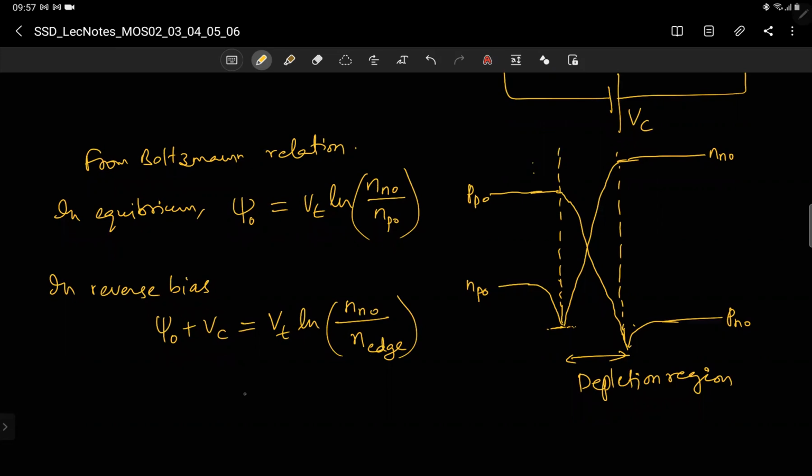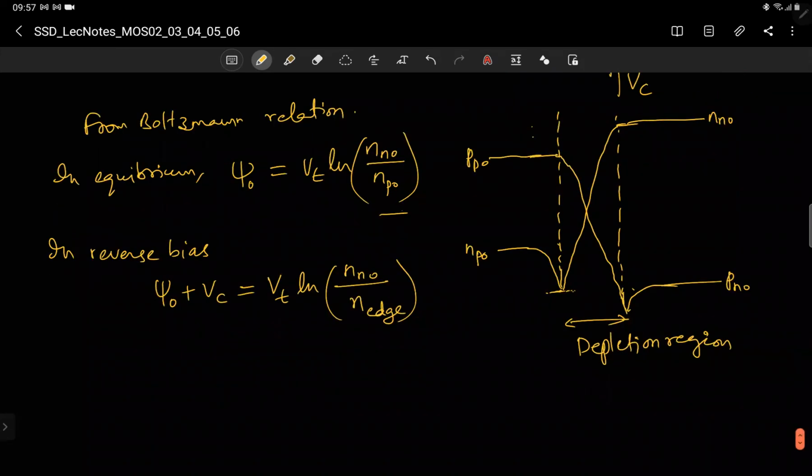So if you take these two, 1 and 2, and take 2 minus 1, it gives you Vc equal to Vt ln of Np0 by N edge.